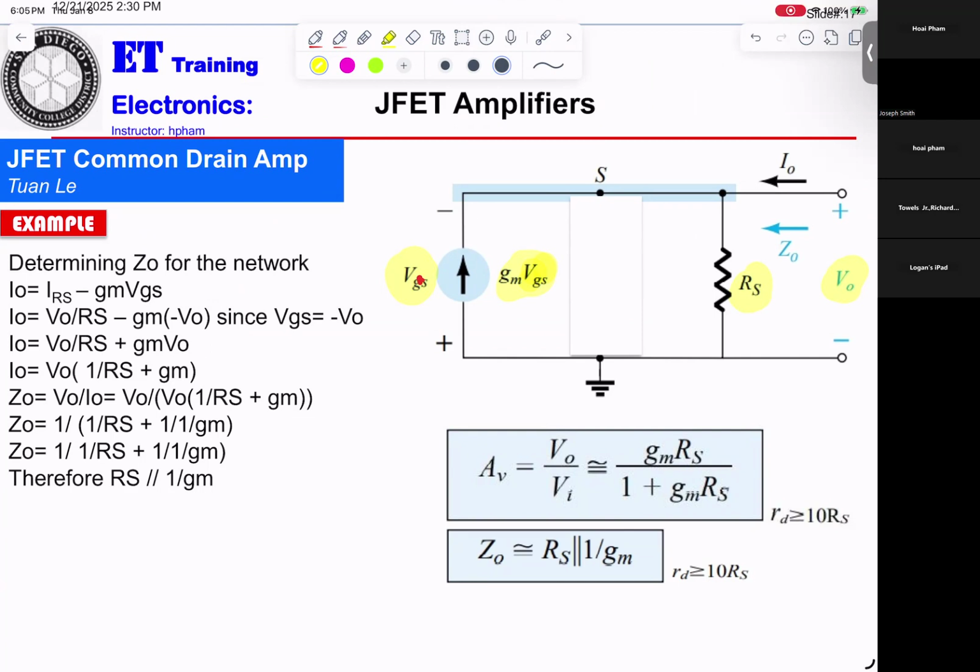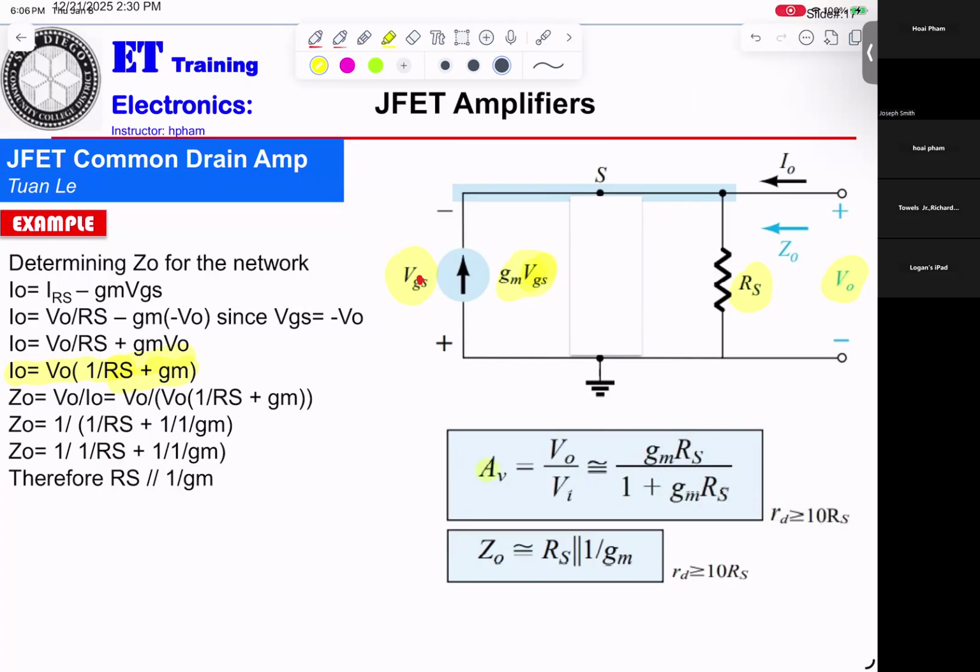So they can calculate the output conductance: I out divided by V out equals 1 over RS plus 1 over 1 over GM.